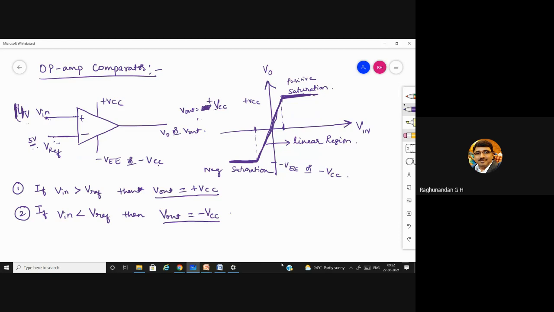I'll repeat it again. Whenever the output is plus VCC, or positive saturation, it indicates the input is greater than the reference. Whenever the output voltage is minus VCC, it indicates the reference voltage is greater than the input voltage. So these two cases are going to be considered.